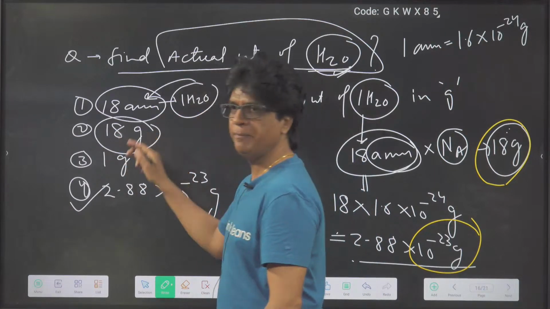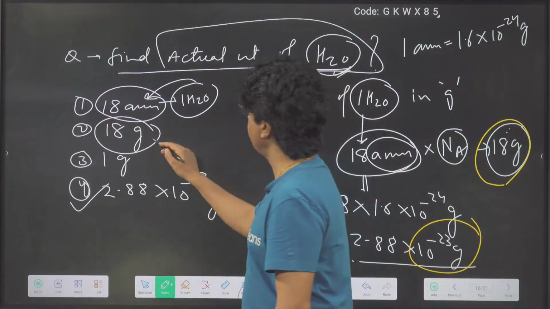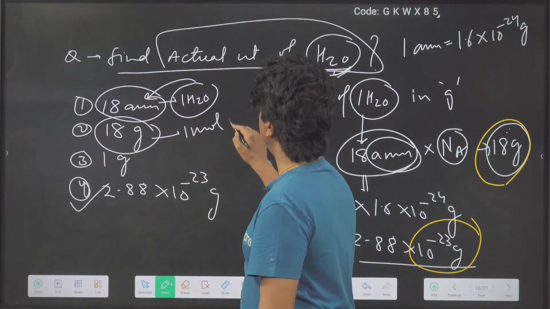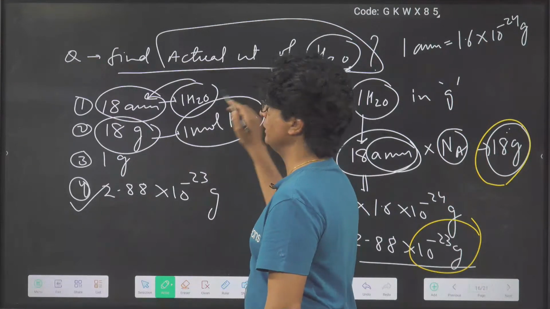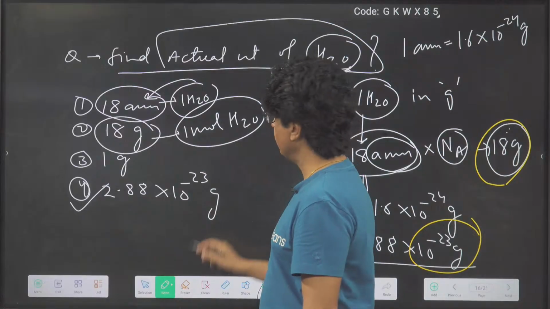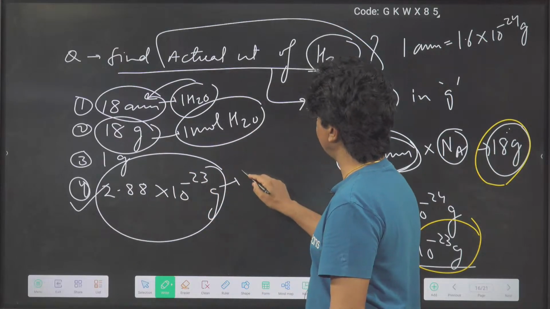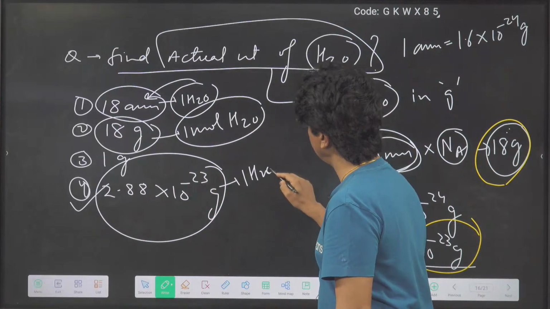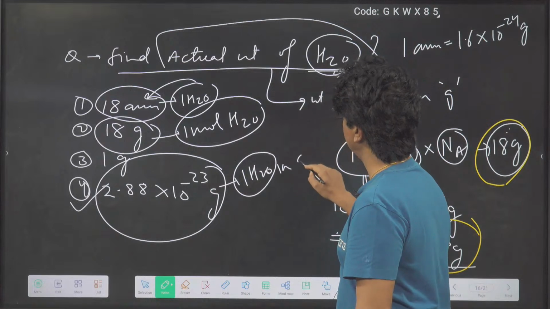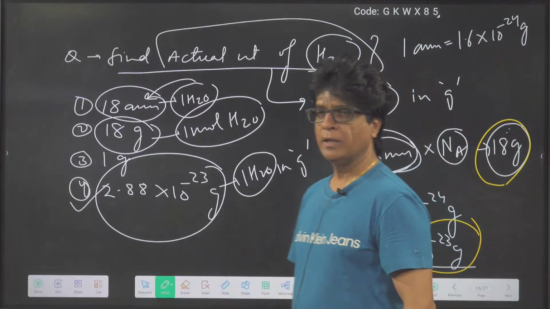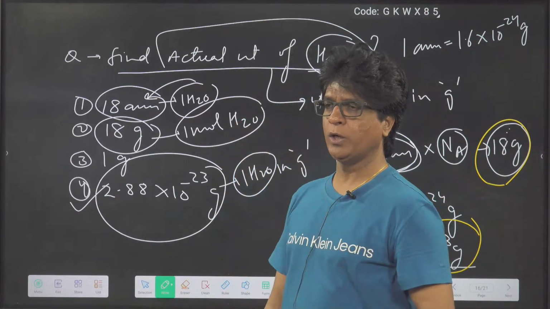What is 18 gram? 18 gram is the weight of 1 mole of water molecules. Yes or no? And this is actually the weight of one molecule of water in grams. Is this confusion still persisting or what?